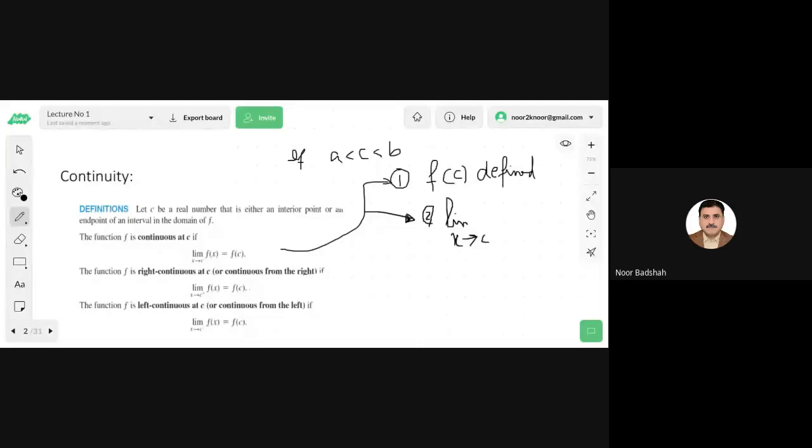Limit x goes to C of f of x, we say this limit must exist and be defined as well. Now, what do we mean by existence of limit? In that case, you should say the left hand limit is equal to the right hand limit.